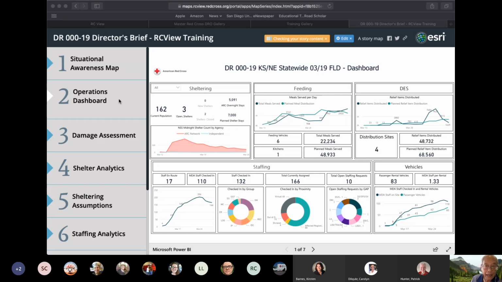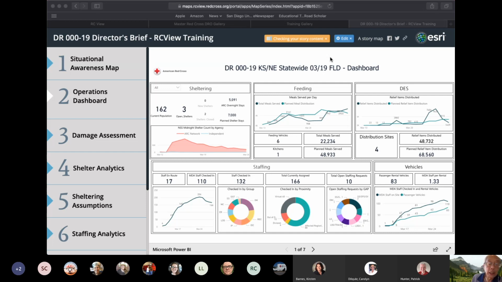And by the way, this dashboard would be set up. In fact, the DRO brief in general will be set up for any DRs of level 3 or greater. This dashboard is set up within a day or two of a DR going into 3 or 4 and 5 and higher, of course.